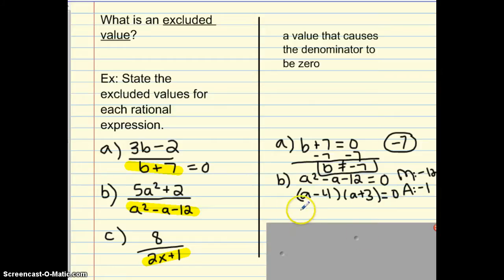So if I were to solve each of these, I would have a cannot be 4 and a cannot be -3, because again, that would make my denominator 0.